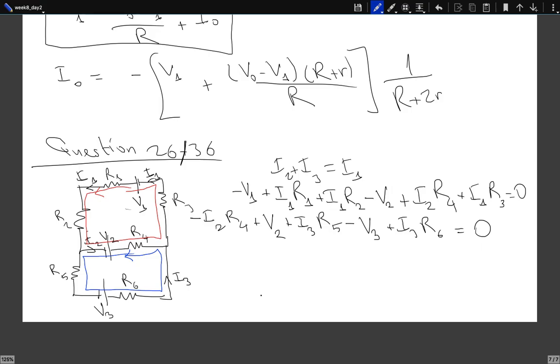Let's see. Basically this R is nothing but the internal resistance. So when you connect your measuring device to the terminals of the battery, you are measuring the potential difference between these two points. What is the potential drop as you go from here to here?